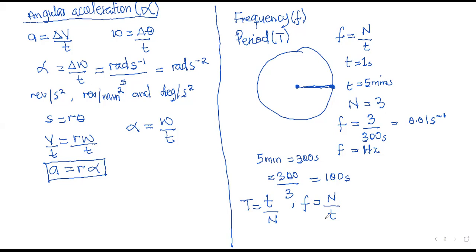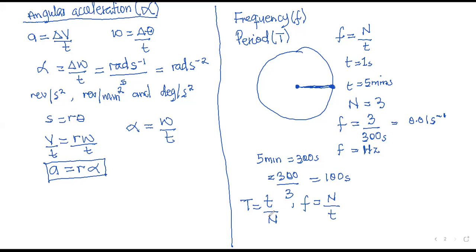Elizabeth? Seconds. So it's a time. So the SI unit is seconds. Are we okay? Now, looking at the two equations, can we deduce a relationship between period and frequency?